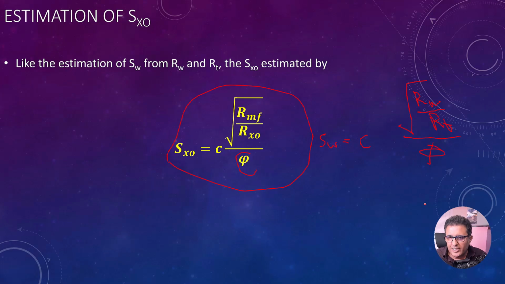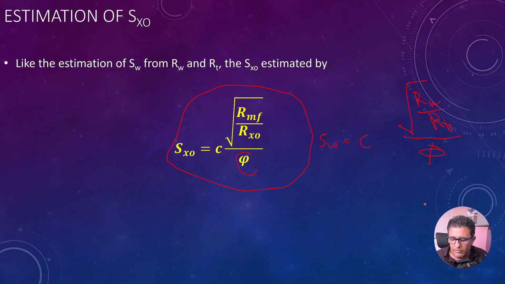As you see, these two equations are very interesting because they link measurements of resistivity to hydrocarbon saturation or water saturation in the rock. And from the water saturation, we are able to have some idea about hydrocarbon saturation.